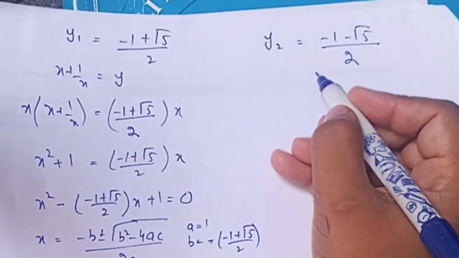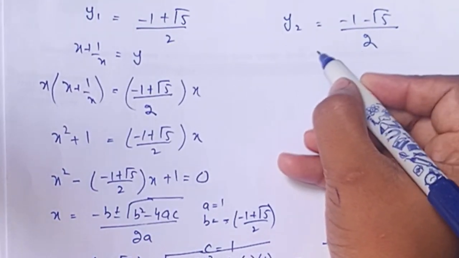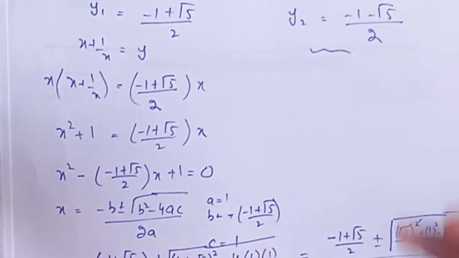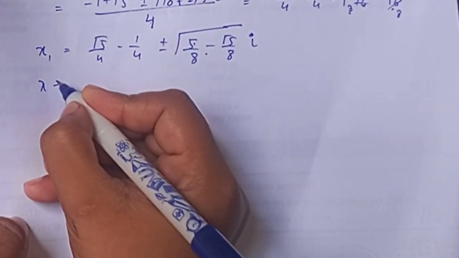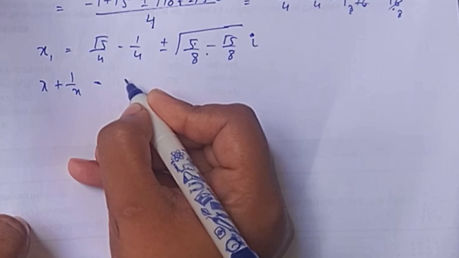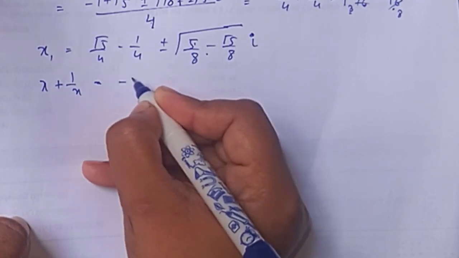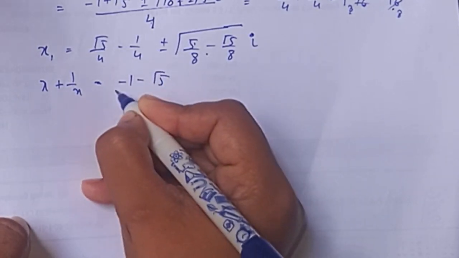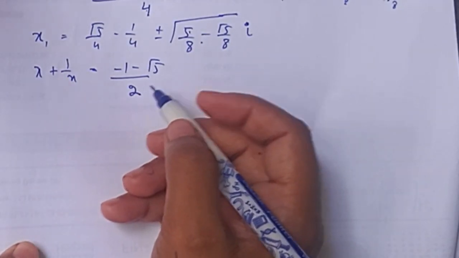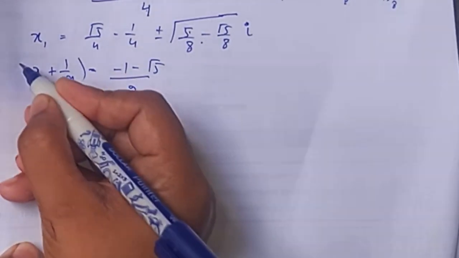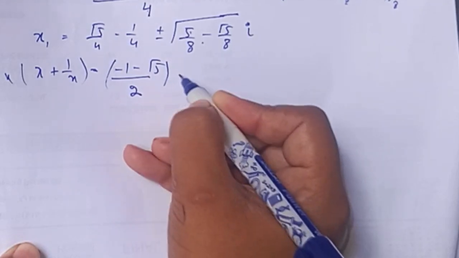Now in the next step, we use this part to solve our equation. So x plus 1 over x is equal to y, and y is equal to, in this case, minus 1 minus square root 5 over 2. Solve this equation like the above equation. Multiply this equation by x on both sides.